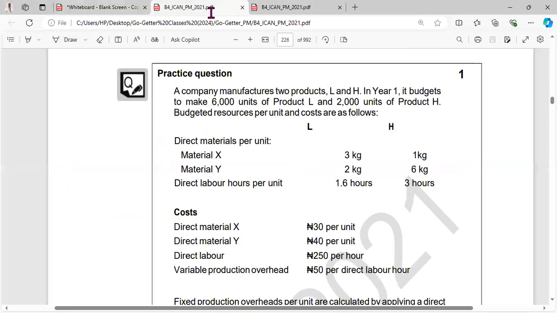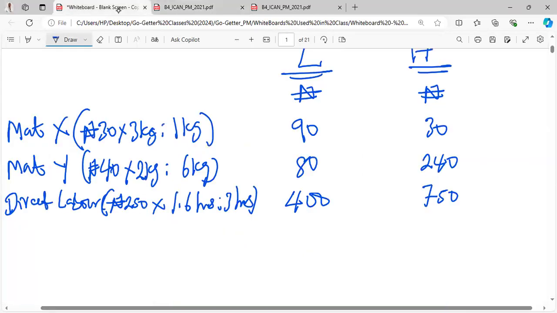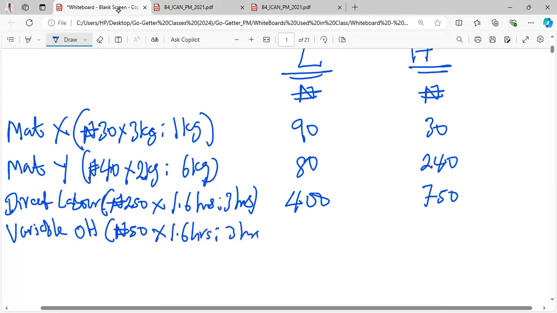Now we have variable overhead. Variable overhead is 50 naira. So you come here, variable overhead, we have it as 50 naira. It will be multiplied by 1.6 hours to 3 hours.